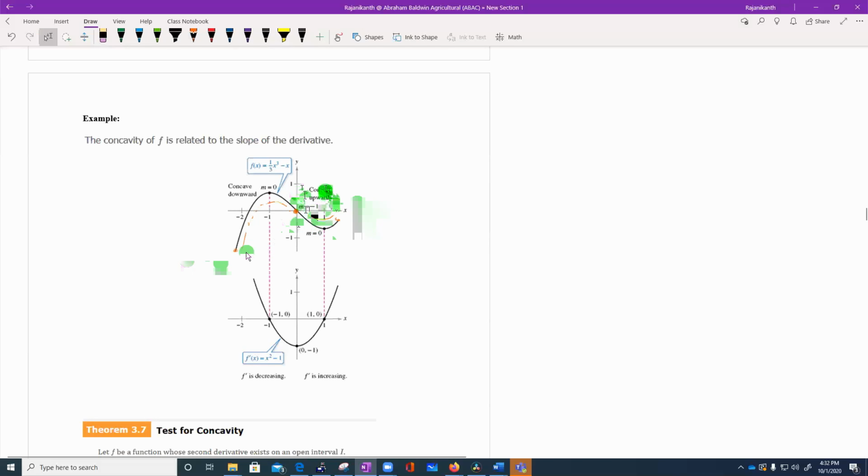If you find the slope, the first derivative, for this function from here to here, that should always be negative, decreasing. What is the first derivative of this function? F prime x is the first derivative of x cubed, which is 3x squared, then subtract 1. If you simplify, you get x squared minus 1. So now this is my slope function.